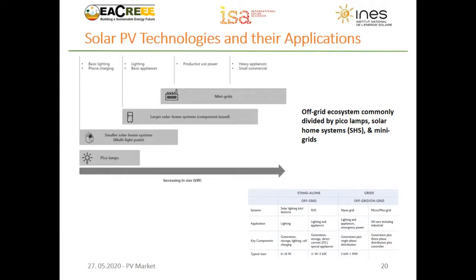Just higher than that, we have smaller solar home systems, with some additional functionalities. You are able to connect slightly bigger gadgets like a television, a radio, and a few other appliances, and of course light 2 or 3 more rooms at home.